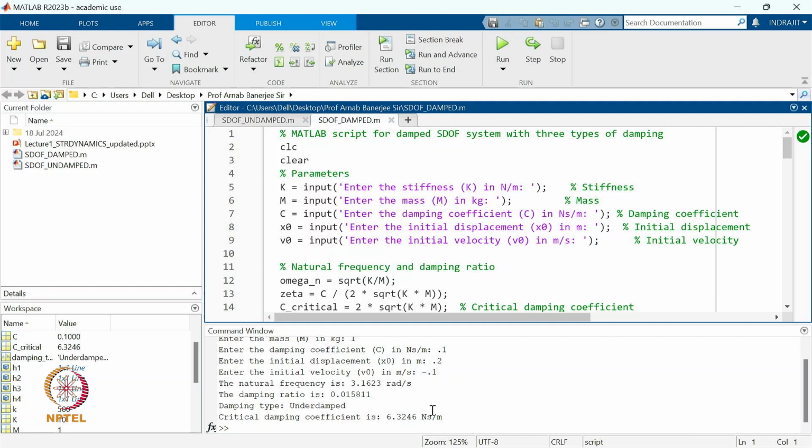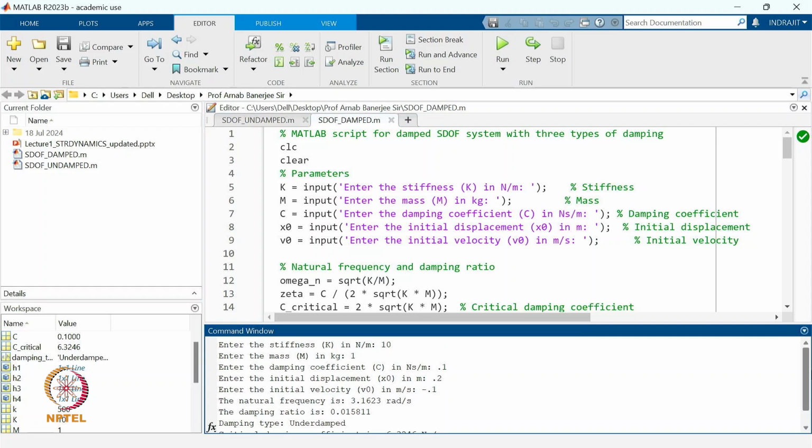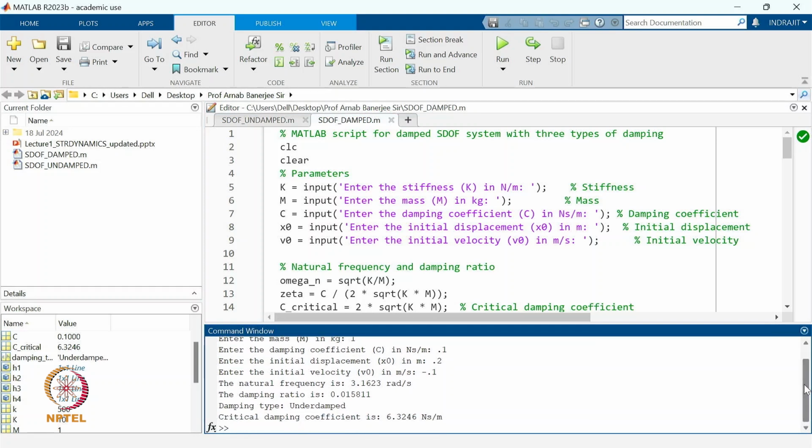So 0.1 divided by 0.63, that is how the damping ratio, that is the psi, comes. Once we put K to 10 and M to 1, it comes 6.23.